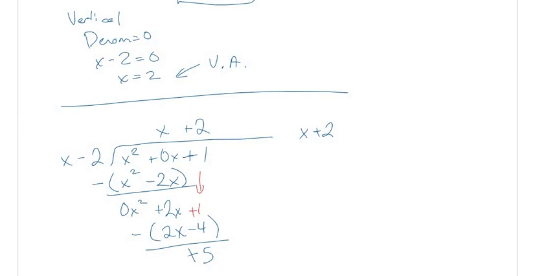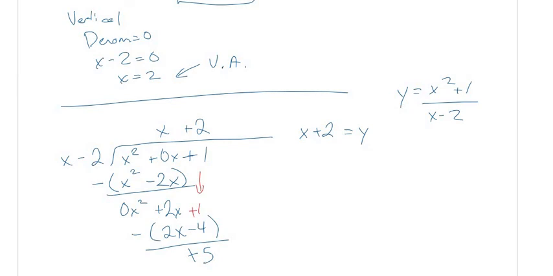But in this case, the remainder isn't the important part. X plus 2 equals y is the important part. So essentially, all we did here was we said y equals x squared plus 1 over x minus 2, and we just said if we're looking towards infinity, we just want to figure out overall what this looks like.